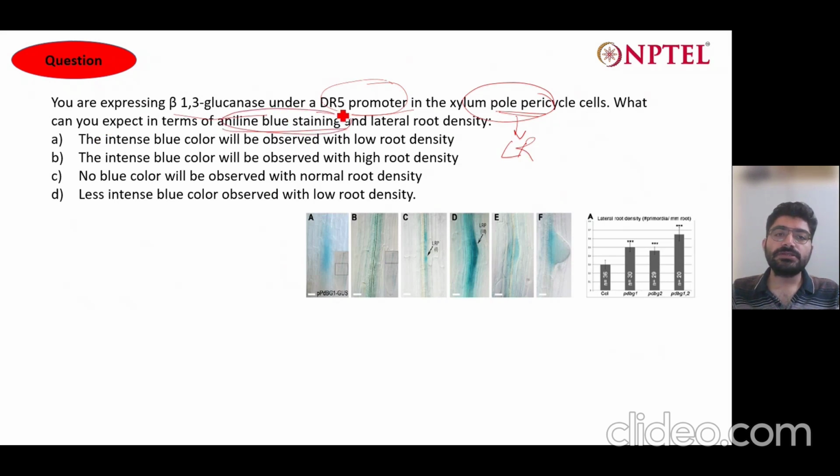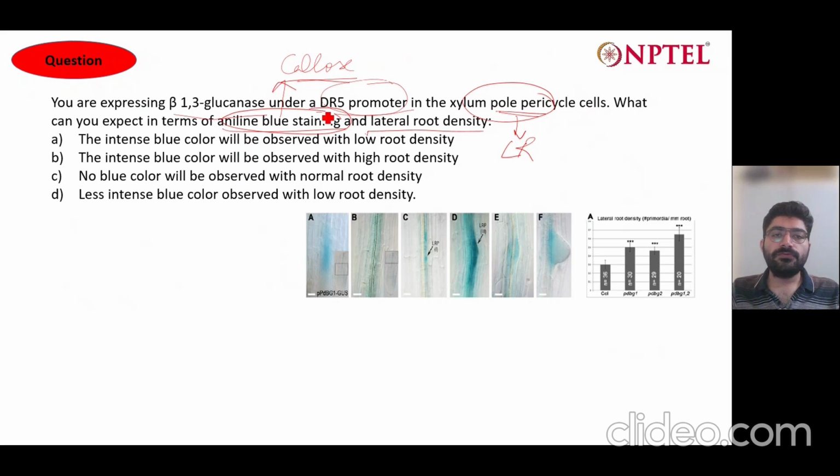Aniline blue staining is basically used to detect callose. It gives a blue color whenever callose is present. And we have to find what the effect is on the aniline blue staining and lateral root density.